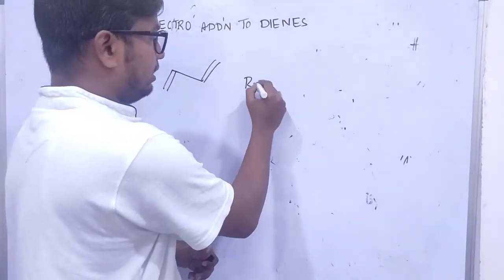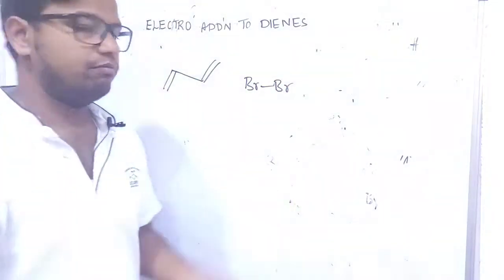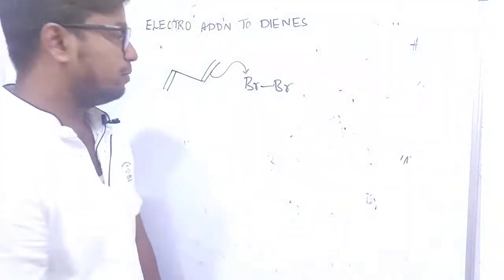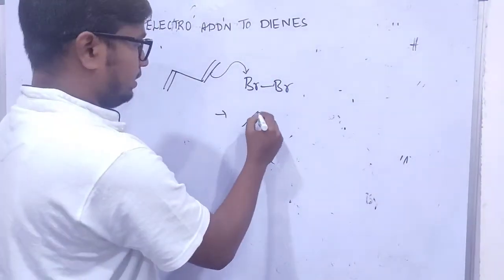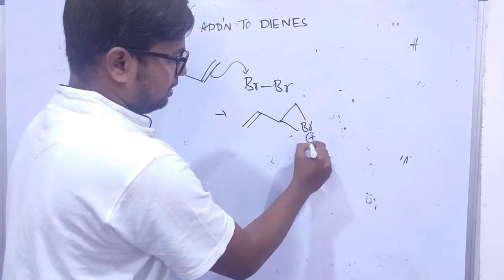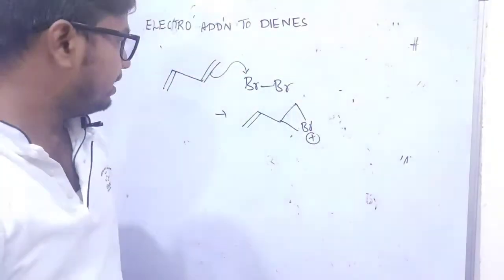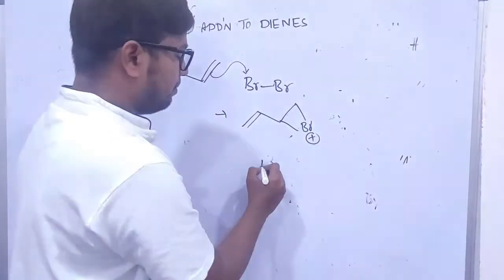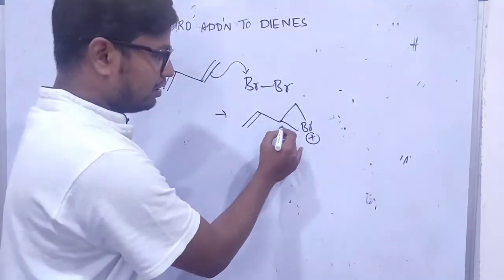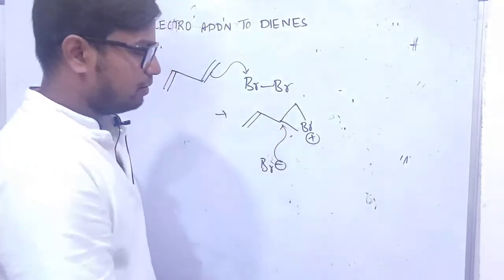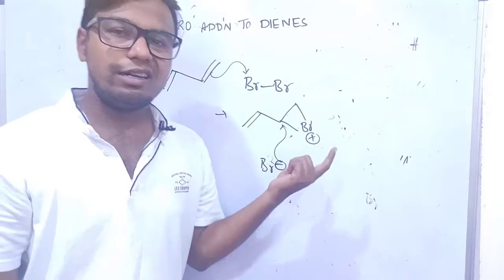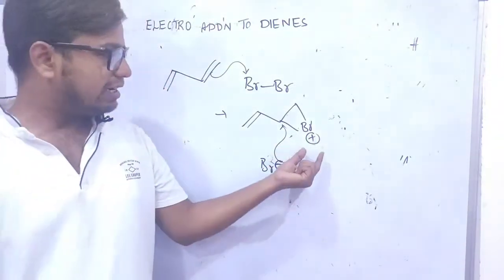Can I write bromine like this, Br bond Br? This bond is added over this, resulting in the formation of our favorite bromonium ion, correct? Bromonium ion is formed here. So now we got Br minus. This Br minus goes and attacks this carbon, which is the electrophilic center, right? Why? Because the bromine atom is already electronegative, it is a halogen, and it got positive charge.